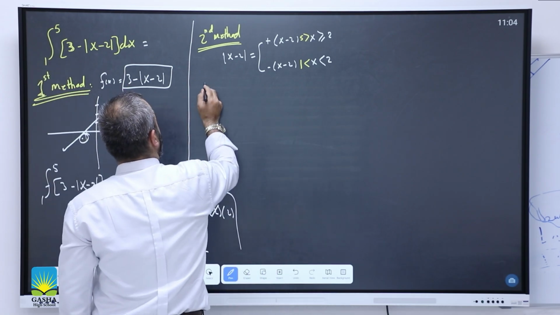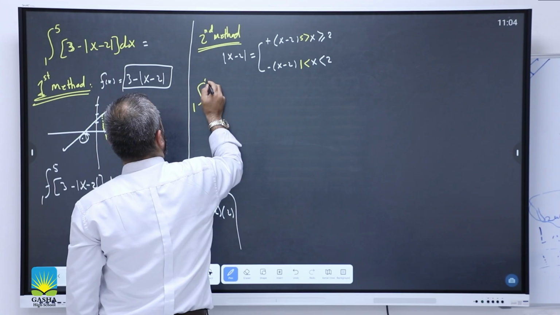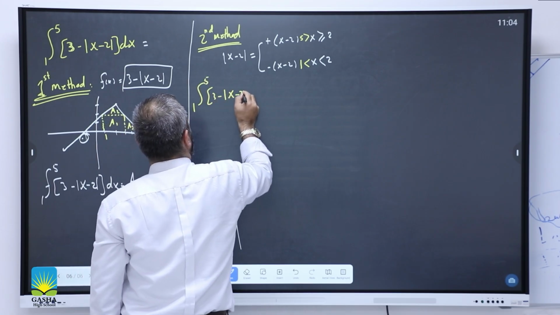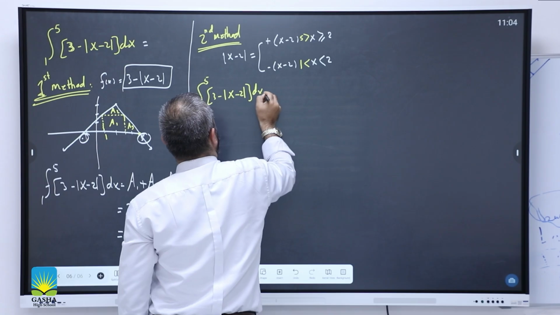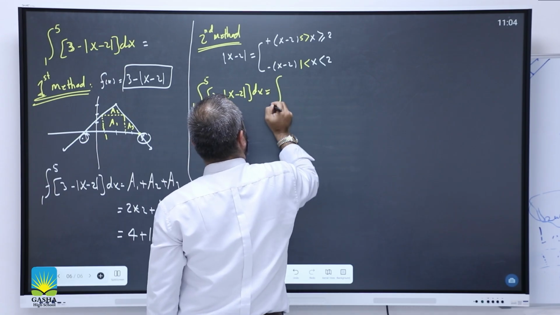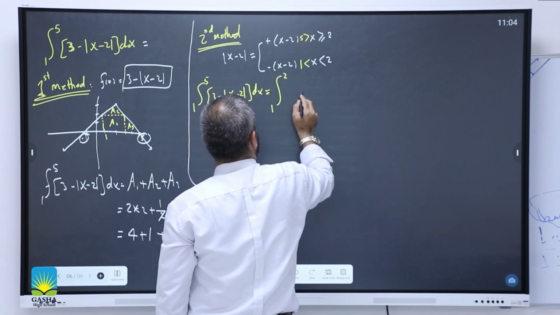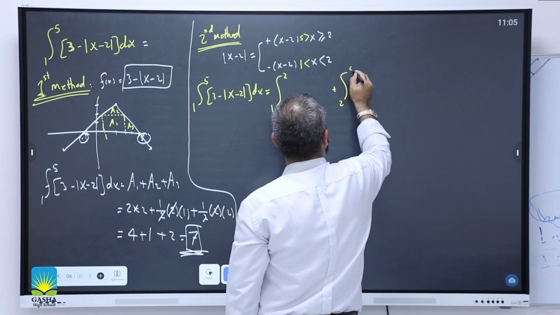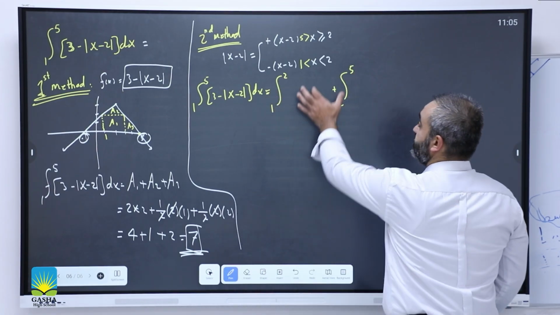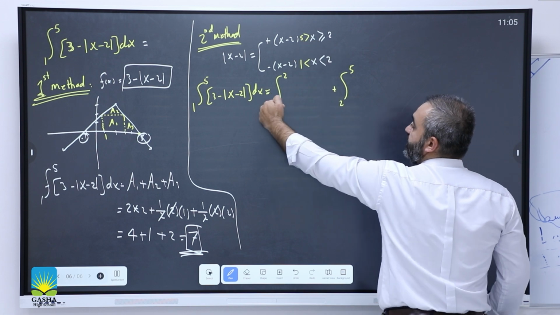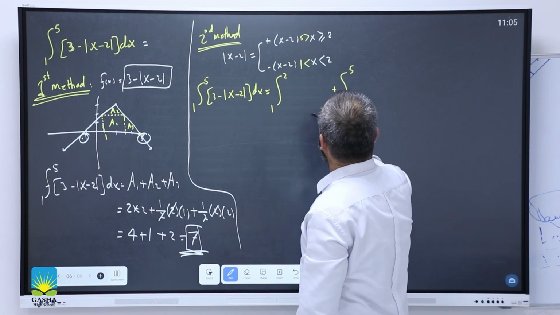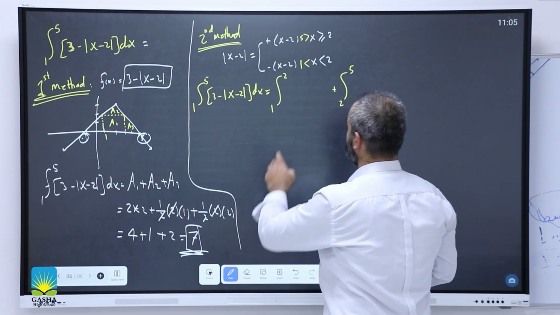So the integral from 1 to 5 has 2 parts here: the integral from 1 to 2 plus the integral from 2 to 5, right? We have 2 intervals, 1 to 2 and 2 to 5. What about 1 to 2?